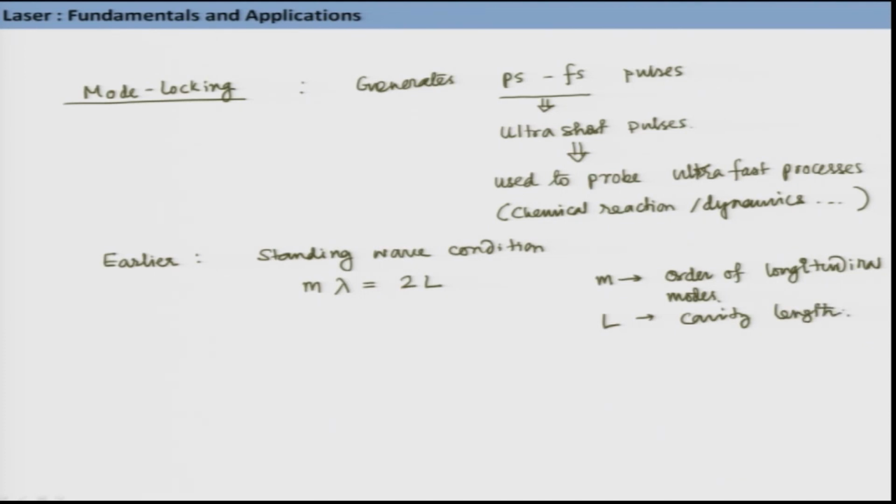I can express this in terms of frequency also. If I write the frequency, I can write mc by 2L. If I am very proper, then instead of mc, I should write mc prime, where c prime is nothing but the velocity of light divided by the refractive index of the medium.